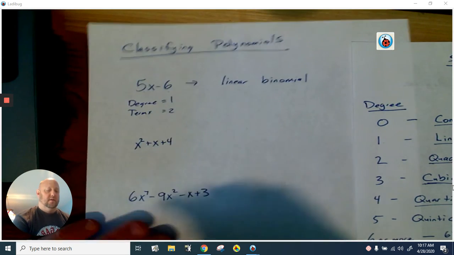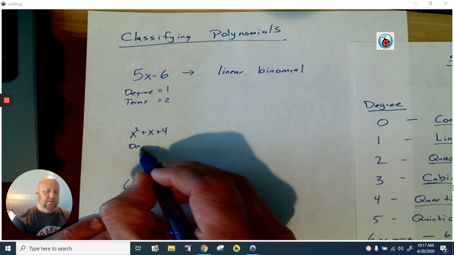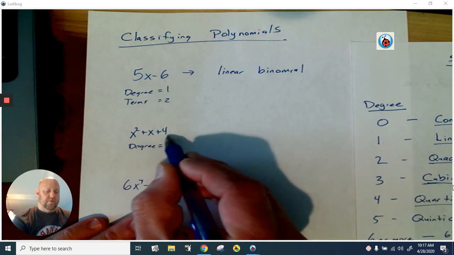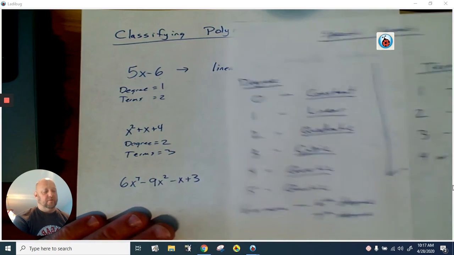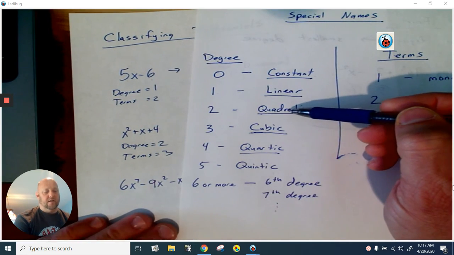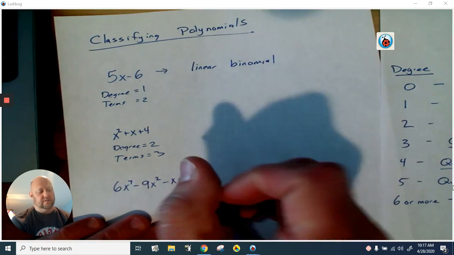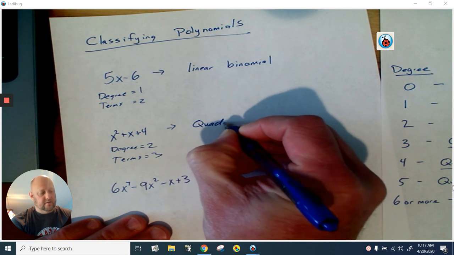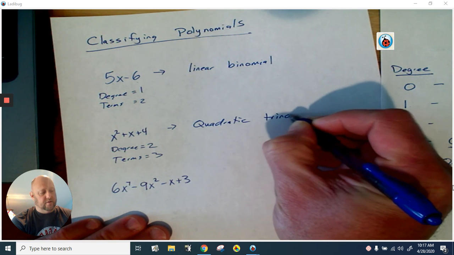Okay? This one, the biggest degree is 2. And it has 1, 2, 3 terms. Okay? So going back to our list, degree of 2 means it's a quadratic. 3 terms is a trinomial. So this is a quadratic trinomial.